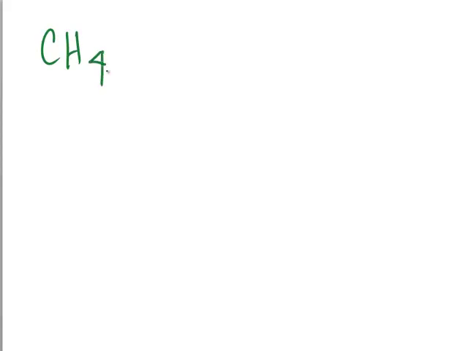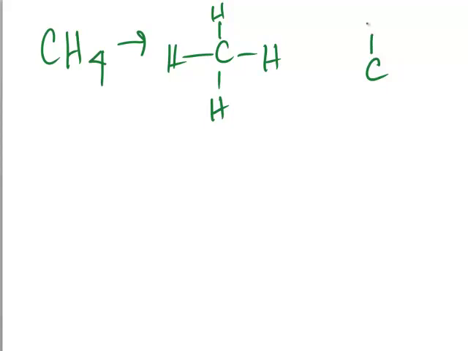Okay, we know methane is CH4, and we could draw a Lewis structure like so. We could try to draw a three-dimensional structure, with these three atoms in the same plane, one hydrogen coming out at you, one hydrogen going away from you. And it turns out we actually didn't even need to do that.